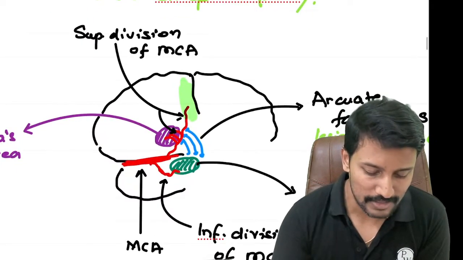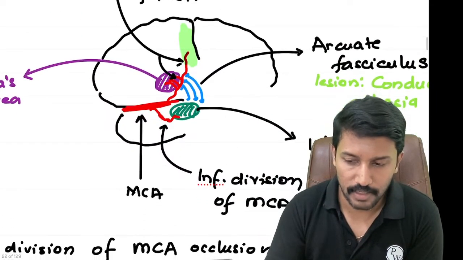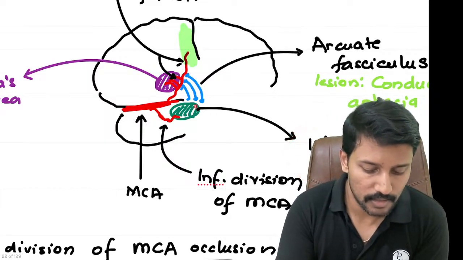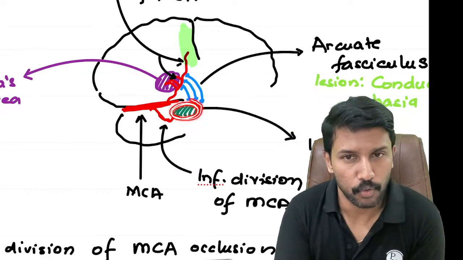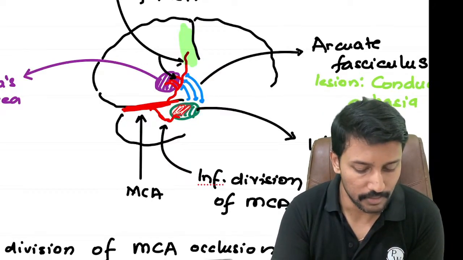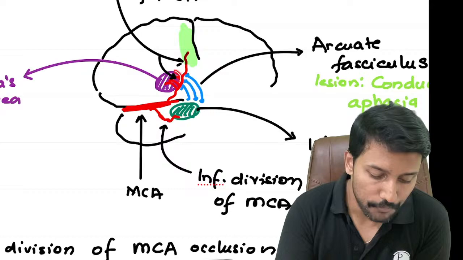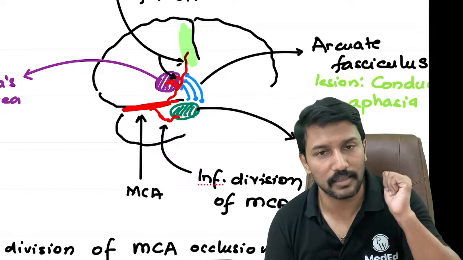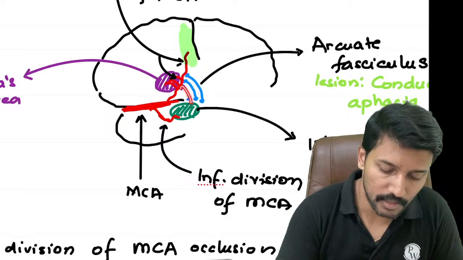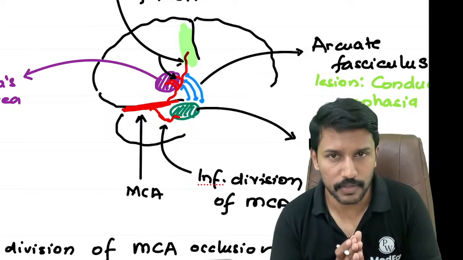For us to understand speech, we have Wernicke's area, which is in the posterior part of the temporal lobe. Then we have Broca's area in the frontal lobe, and connecting the two is our arcuate fasciculus.